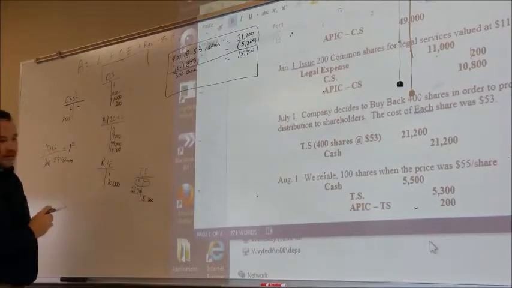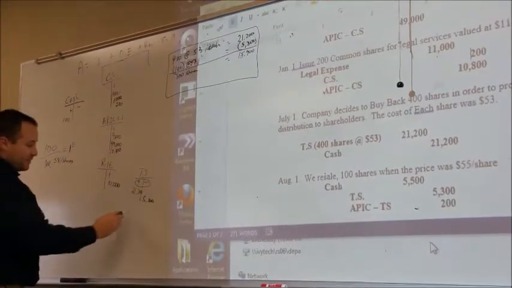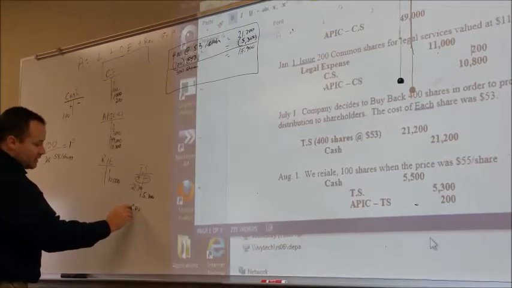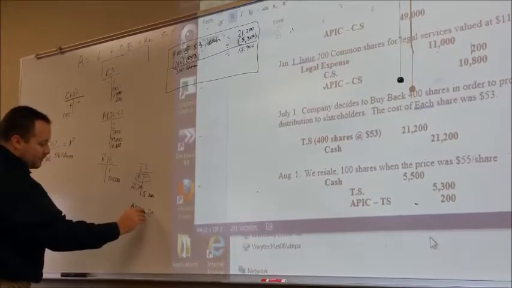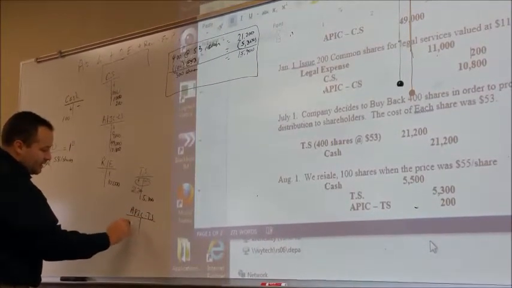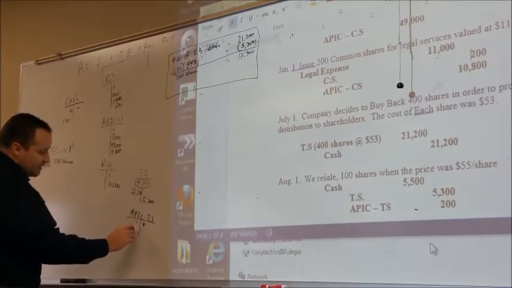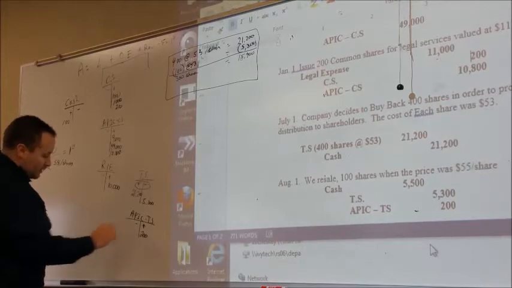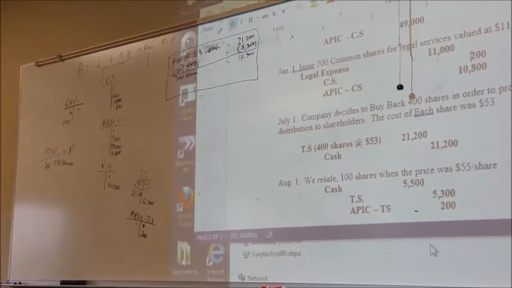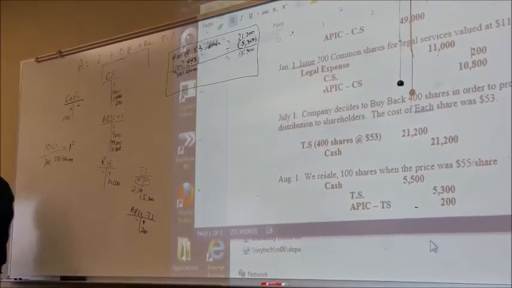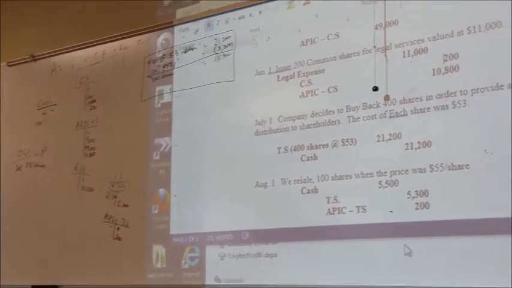I brought in 5,500, but they only cost me 5,300. So I made just a little bit of money. And that's going to come into play once we resell a little bit more stock, and you'll see what I mean when we start up on this. We'll start up on this first thing Thursday, so have this out ready to go with your T accounts.